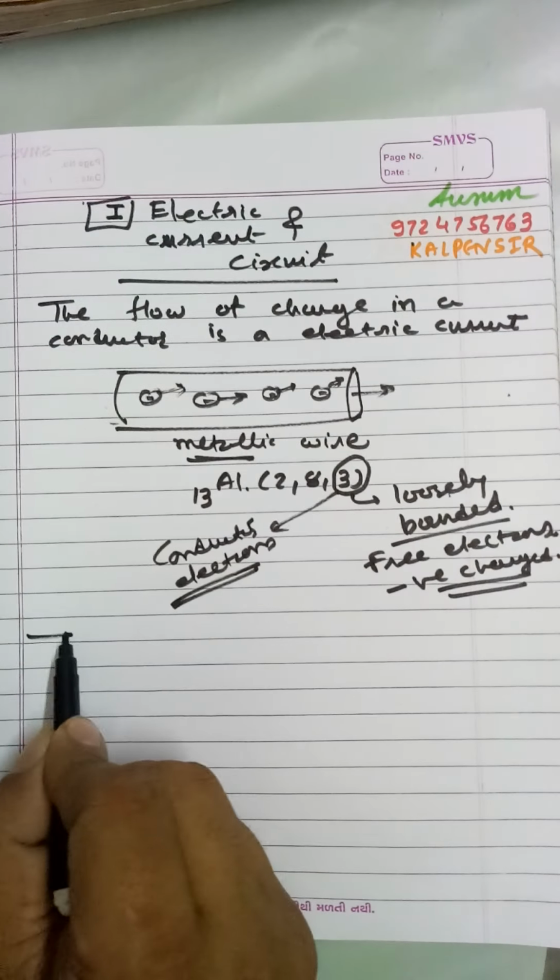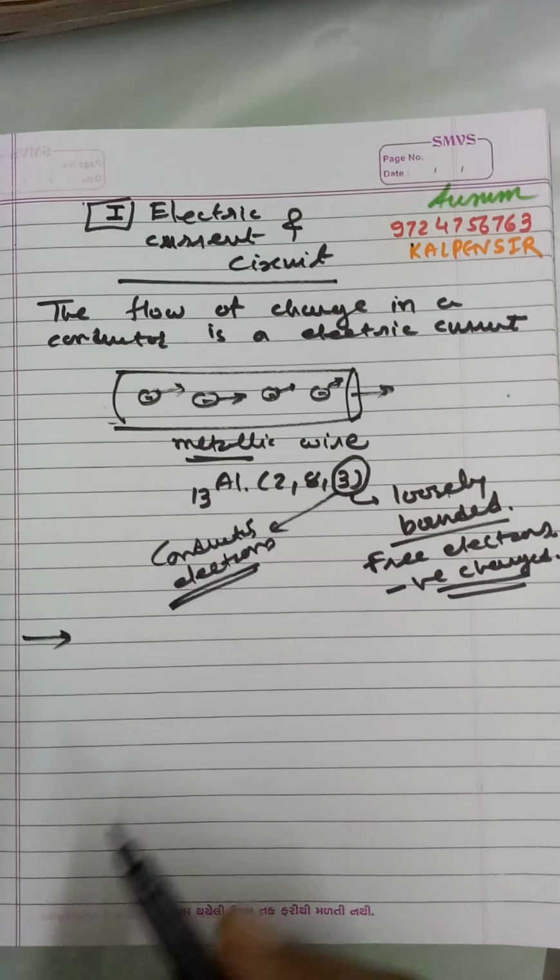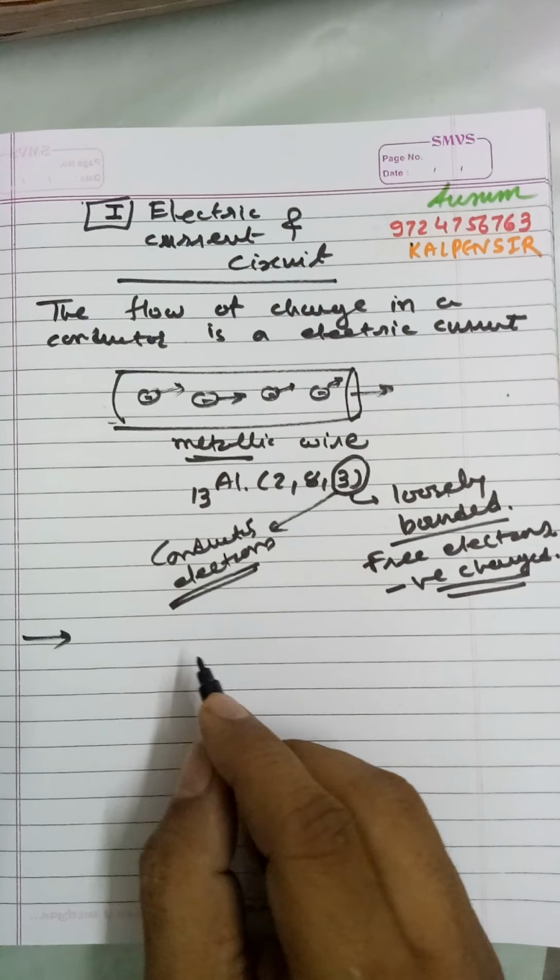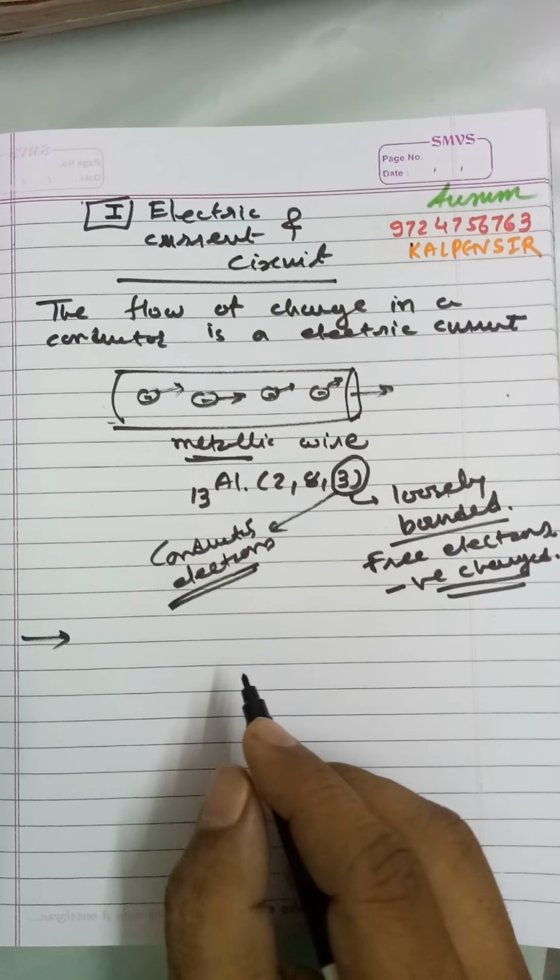Electric current is defined as the amount of charge flowing through any cross section of a conductor in unit time.